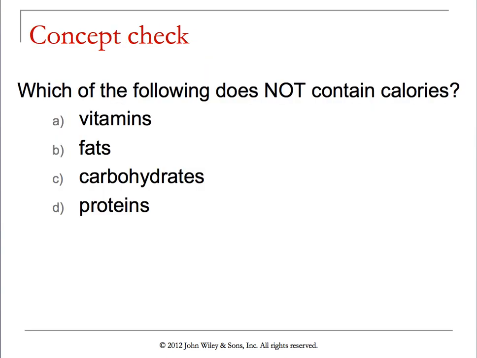All right, so a quick concept check for where we are so far. Which of the following does not contain any calories? A, vitamins, B, fats, C, carbohydrates, or D, proteins? All right, the correct answer here is A, vitamins do not contain calories.